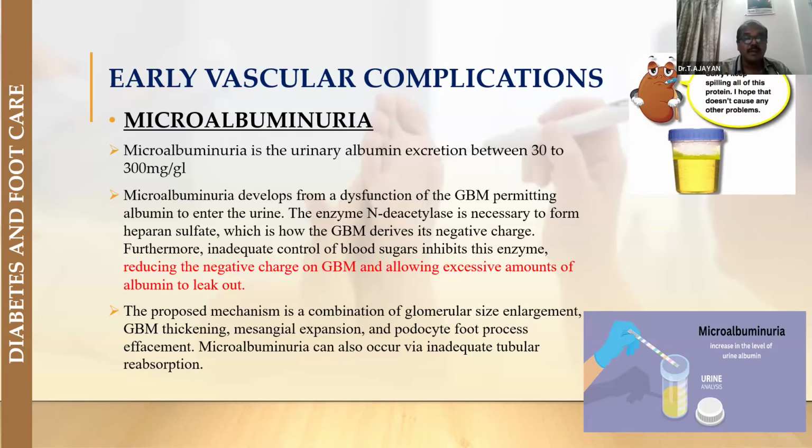Microalbuminuria is a urinary albumin excretion between 30 to 300 milligram per gram. It develops from dysfunction of the glomerular basement membrane, permitting albumin to enter the urine. The negative charge of the glomerular basement membrane is reduced, allowing an excessive amount of albumin to leak out.